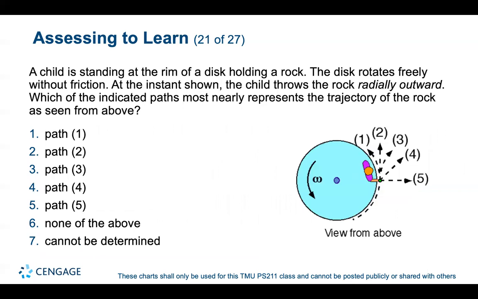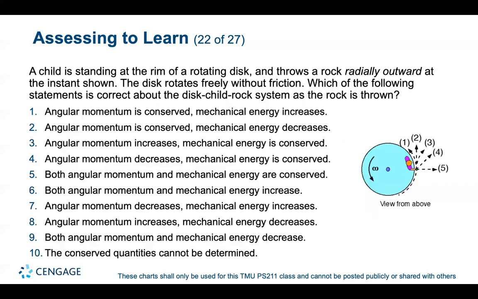Okay. So the child throws a rock radially outward. And so then we have the same question: which of the indicated paths most nearly represents the trajectory of the rock as seen from above? And the answer is path 4. Okay.